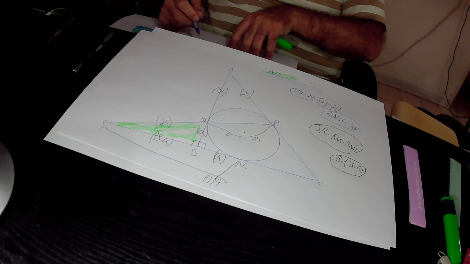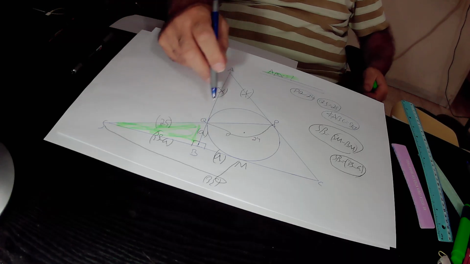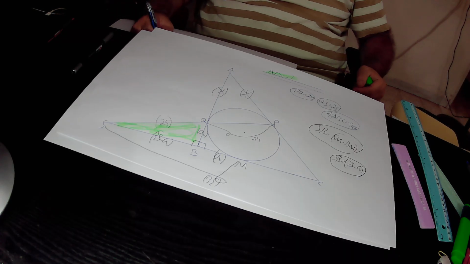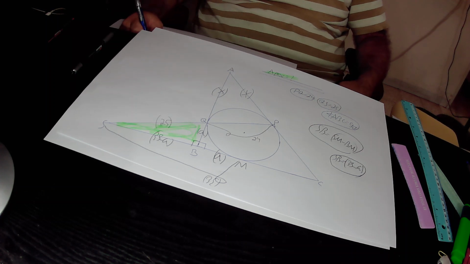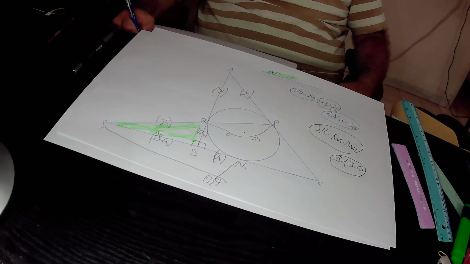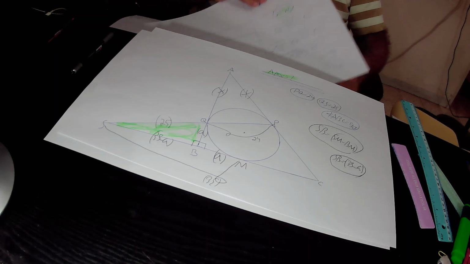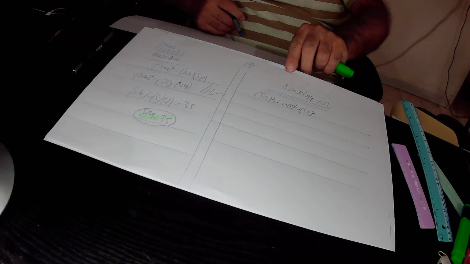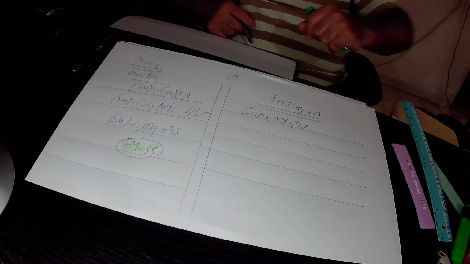So in this right green triangle SQB, according to the Pythagoras theorem, SQ squared, that is the square of the hypotenuse, equals QB squared plus SB squared.